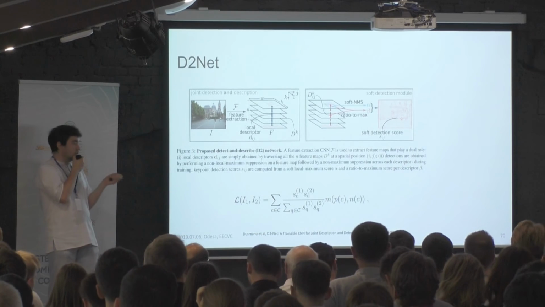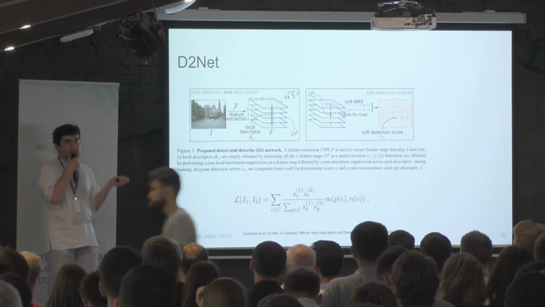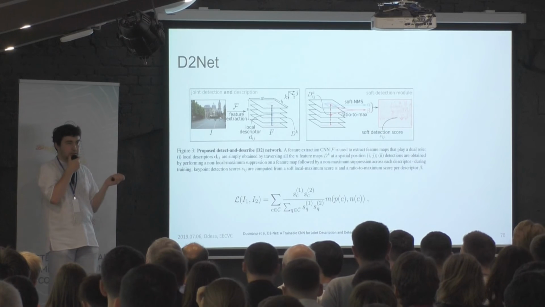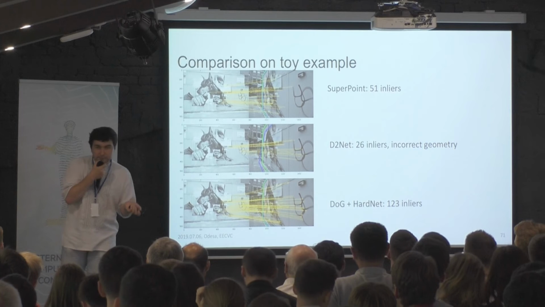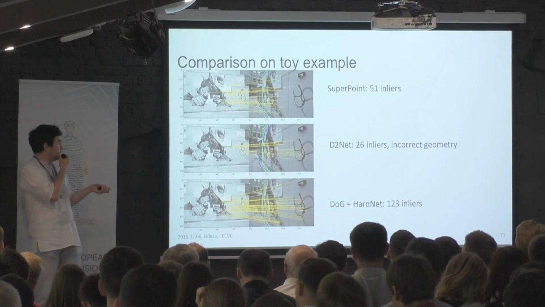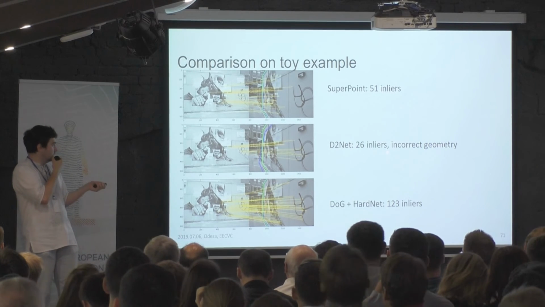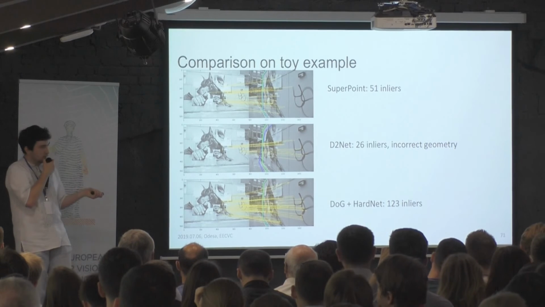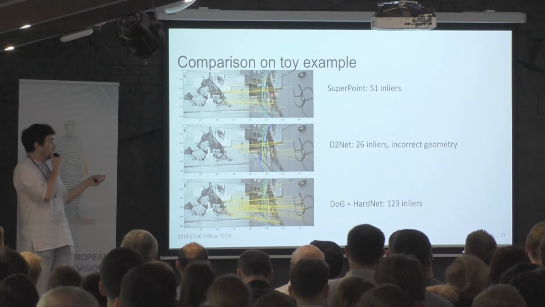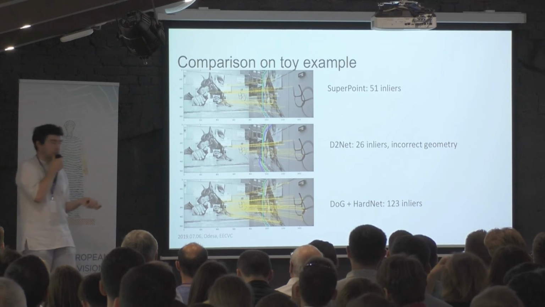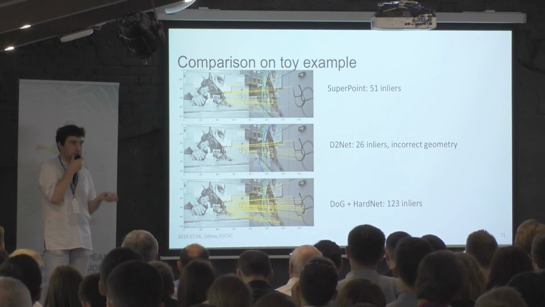It's a good thing to do, but it's not yet tested in industry on practical tasks. And here on these two examples, this is SuperPoint, this is D2Net, and this is still DoG plus HardNet, and you see this is not yet ready to replace the pure blob detector.